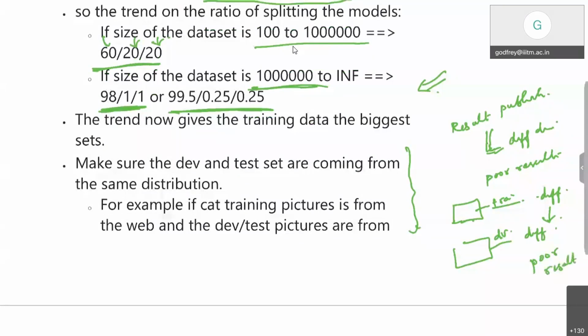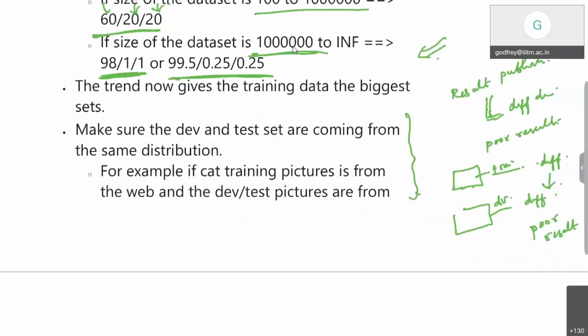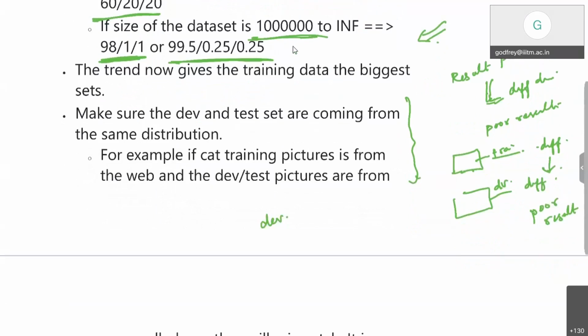More importantly, if the development data set and the test data set both come from different distributions, then it's going to be a catastrophic failure. The effects are going to be very catastrophic, because the development set comes from one distribution and the test set from another, so eventually it may not work well.